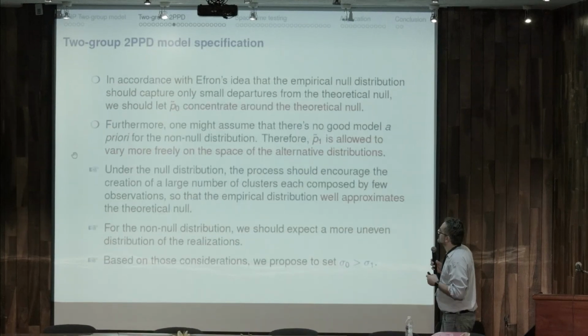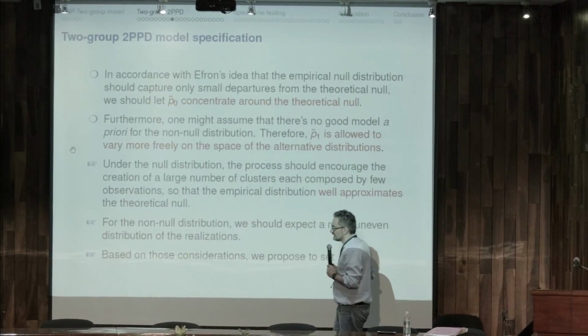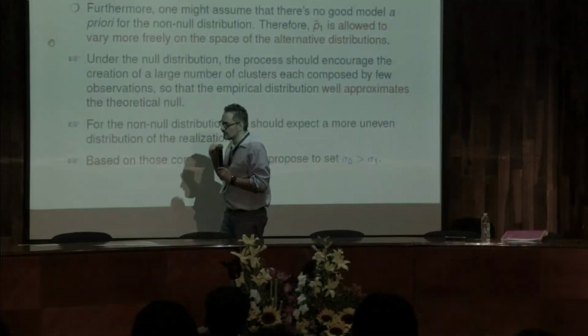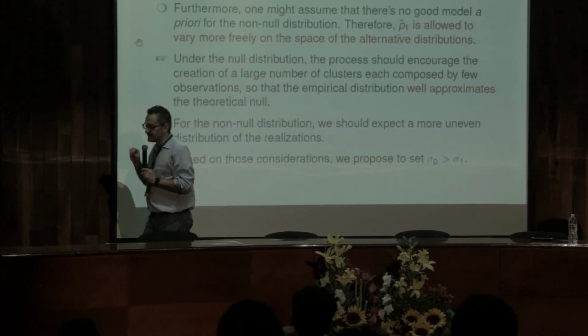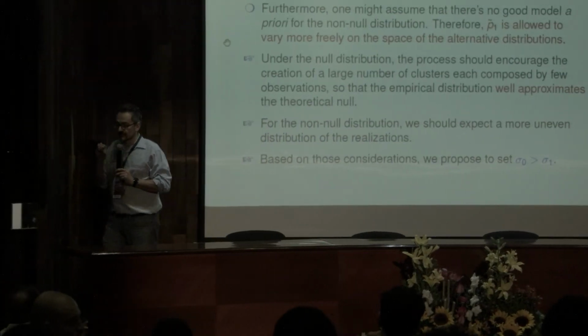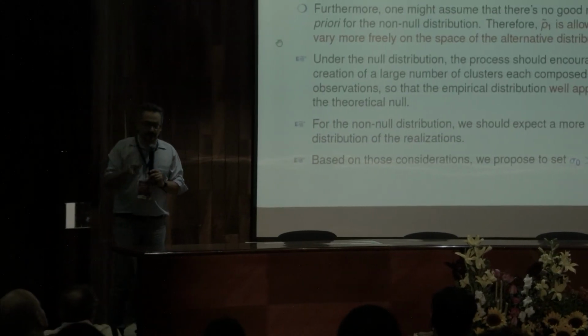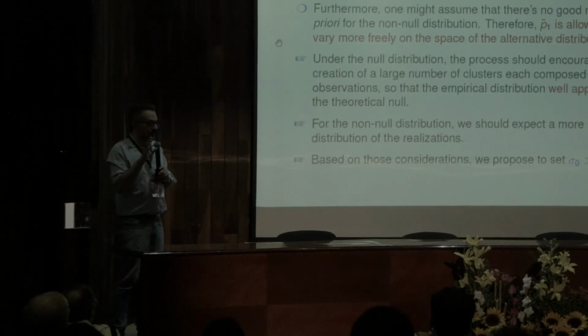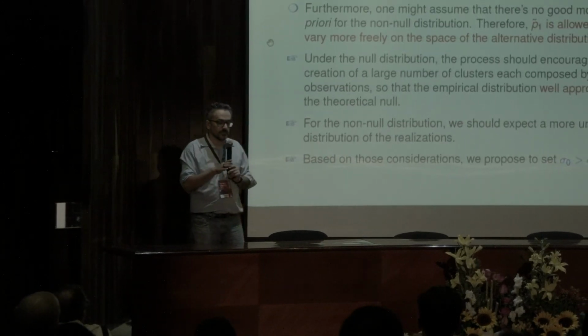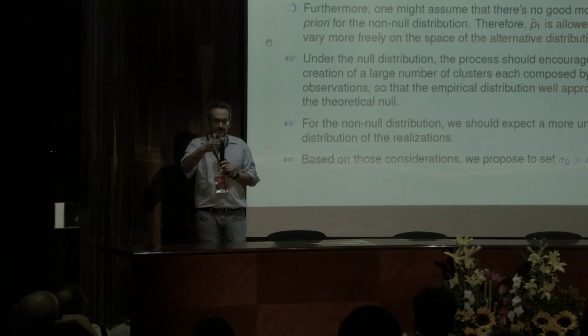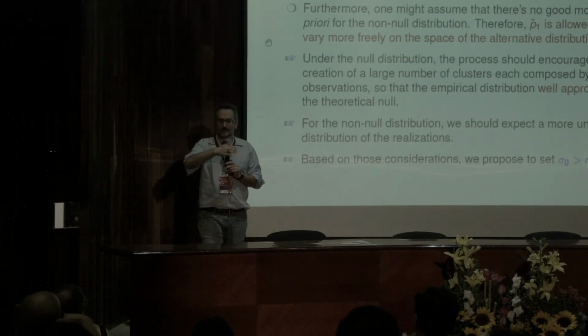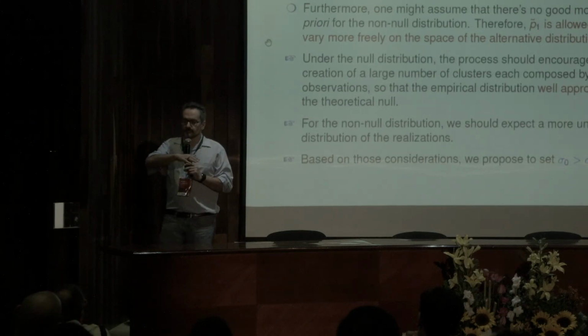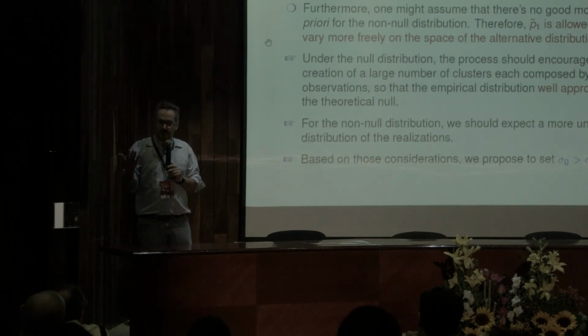Okay, so in terms of a two-group modeling perspective, how are we going to fix the parameters of the processes for the null and the alternative component? On one hand, we want to have the null component somehow mimicking the true null distribution, let's say.